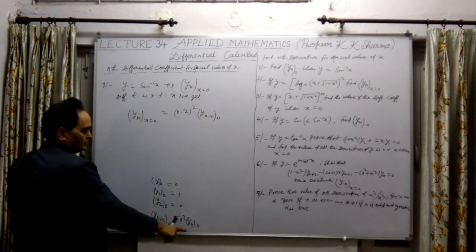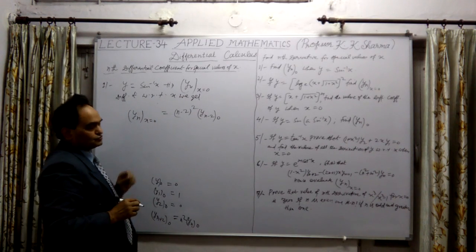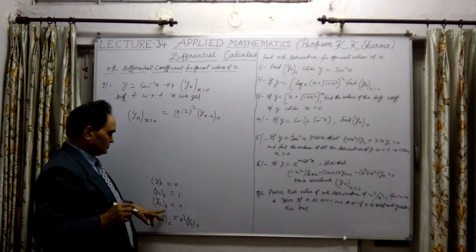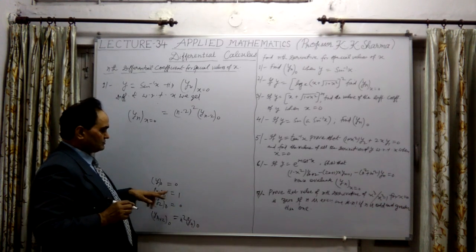This is the equation obtained from this last one. So at x equal to 0, this is the solution. But we see here that at 0, even terms are 0. Only odd terms will be there.